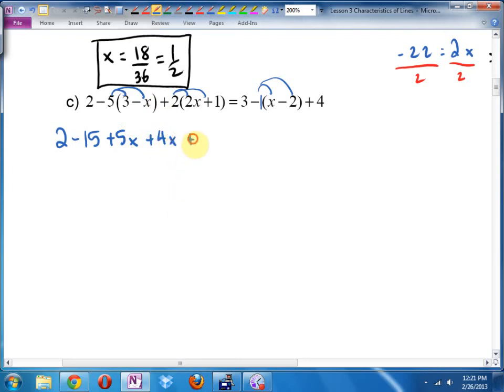I have a positive 2. Drop my equal sign down. The 3 drops down like a domino. I have a negative 1x. I'm not going to write the 1. I have a positive 2, and then the positive 4 drops down like a domino. Ta-da! I've gotten rid of brackets.